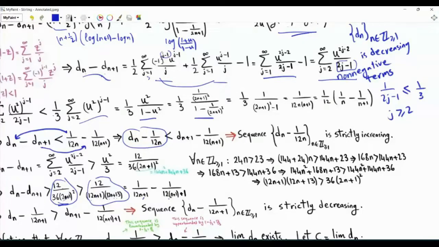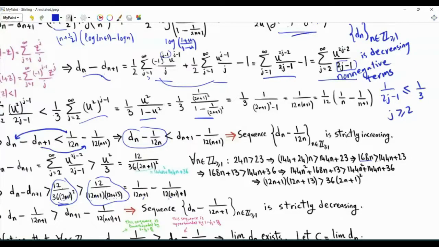Then we can add 144n to both sides. In that case, you will get that 168n is greater than 144n plus 23. Then we can add 13 to both sides.